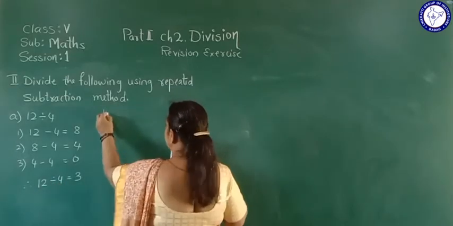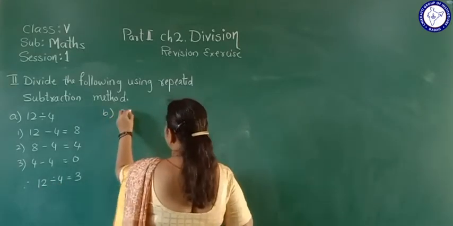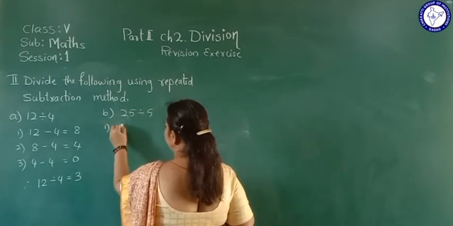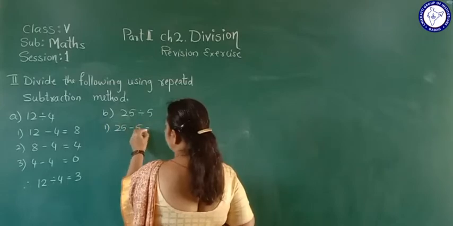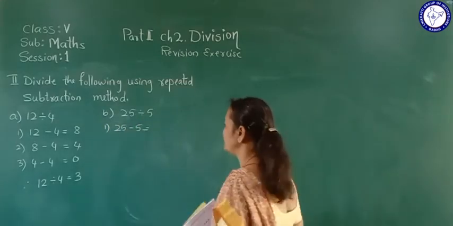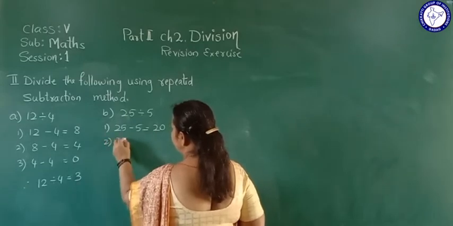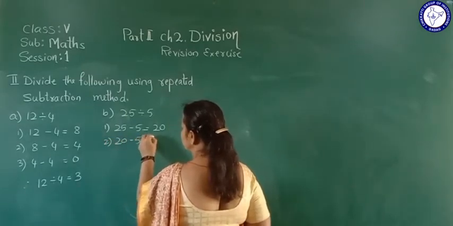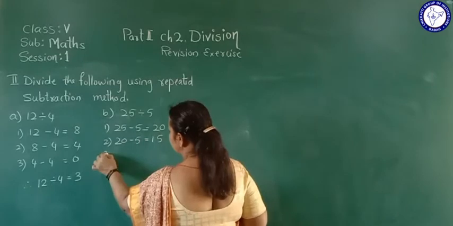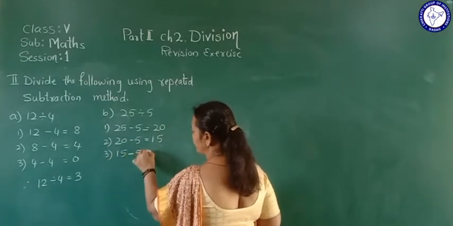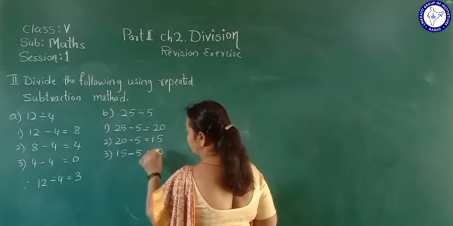Then second question here, B, it is 25 divided by 5. So first step, 25 minus 5. 25 minus 5, how much do we get? It is 20. Then second one, 20 minus 5 is 15. Then third step, this 15 you should write minus 5. 15 minus 5 is 10.